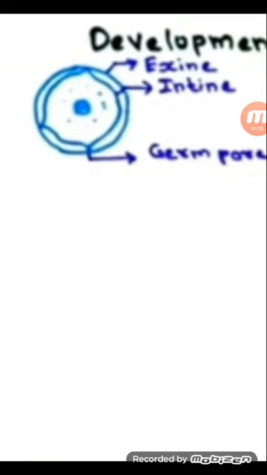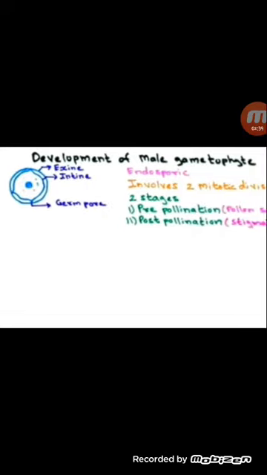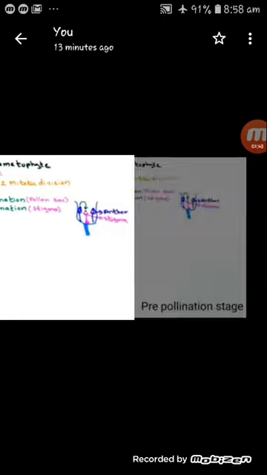Now, let's see the other one. What happens next? So, let's quickly revise. Development of male gametophyte takes place inside the pollen grain. Next point, you will explain the structure of pollen grain and draw the diagram of pollen grain.